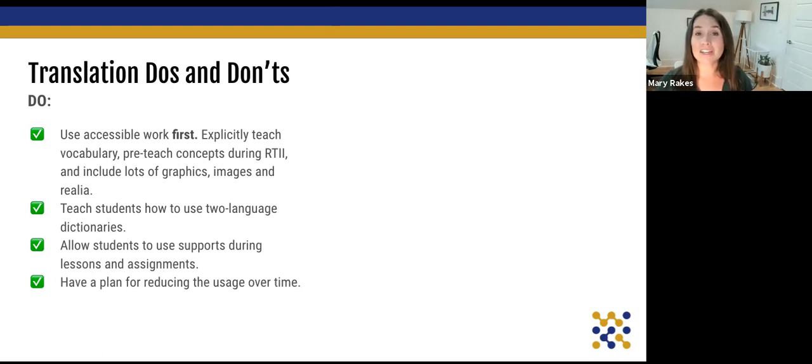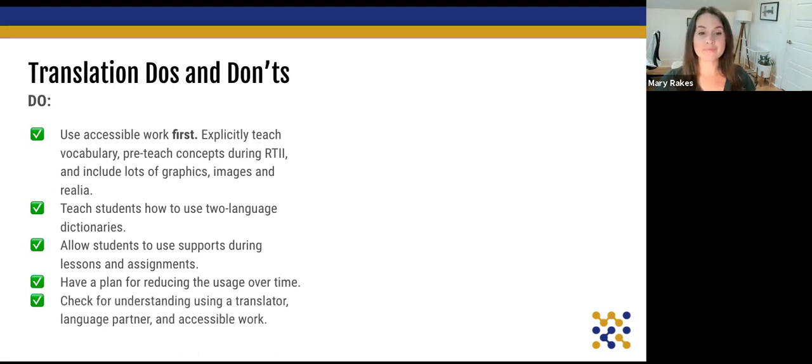So if they have a ton of chemistry knowledge and we're in chemistry, we're going to start pulling back on some of those language supports because they might be able to use other ways to find access to the material. We also want to check for understanding after we've used translations.